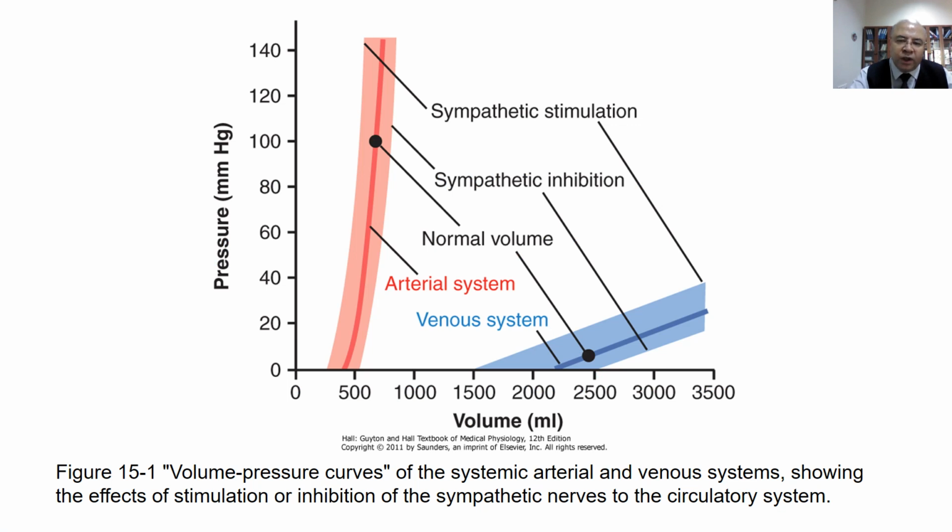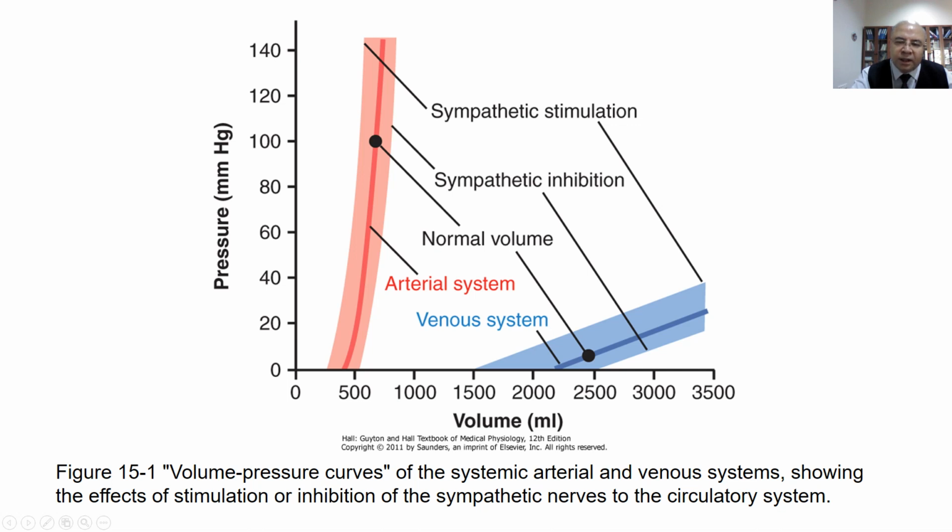So in this figure, this is the artery and this is the vein. As you see, by sympathetic stimulation, it can increase the tonus, so the volume of blood will be decreased a little bit, but in arteries, this decrease is very small. On the other hand, if you look at the veins, sympathetic nervous stimulation decreases the volume of the vein quite a lot.